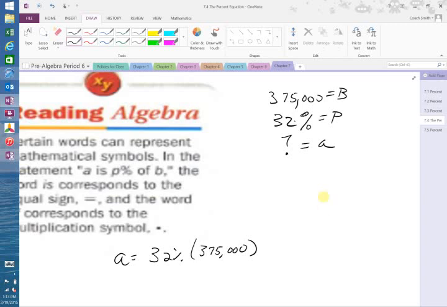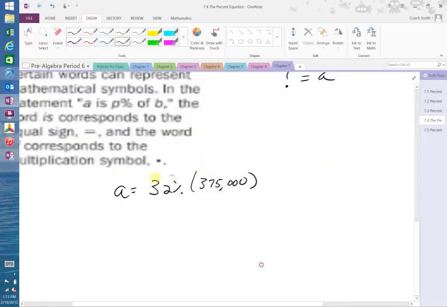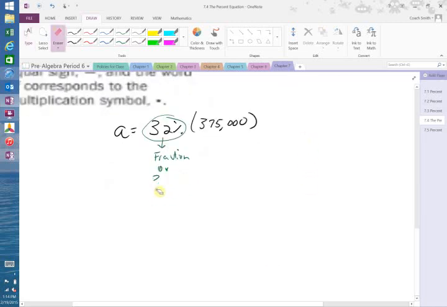So, the 32%, before we can multiply it, we have to change this to either a fraction or a decimal. Now, A equals 0.32 times 375,000.